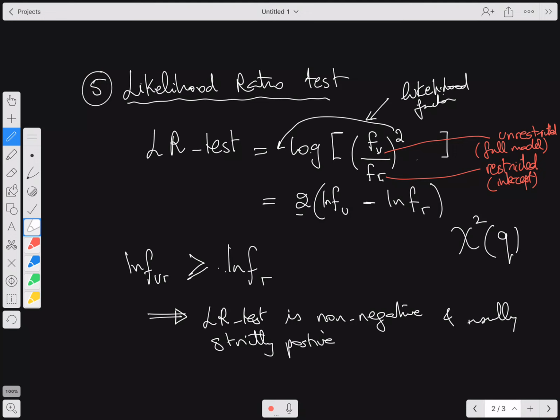Okay, so why is that? Because as you know, the log of the likelihood function is always negative. Why? Because the numbers that I'm taking the log of, which are inside the likelihood function, are always positive. Like the y is 0 and 1, for example, and the variables inside are either 0 and 1 or positive numbers.